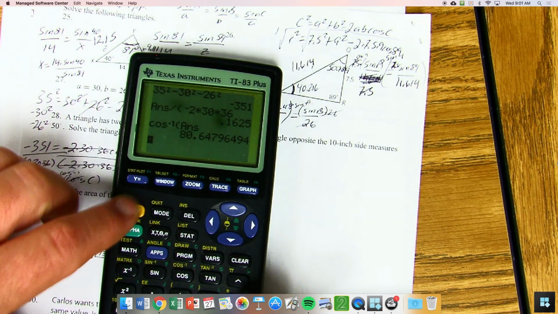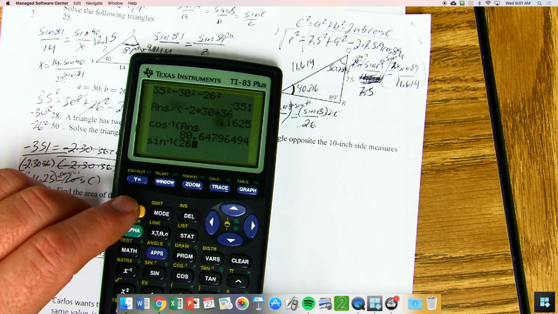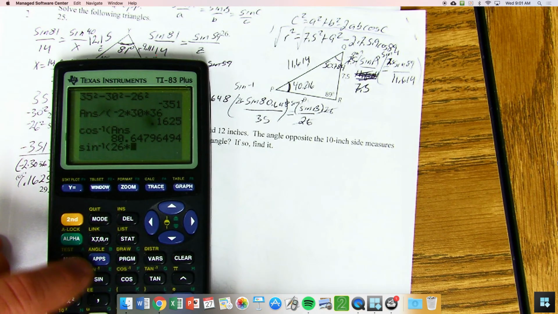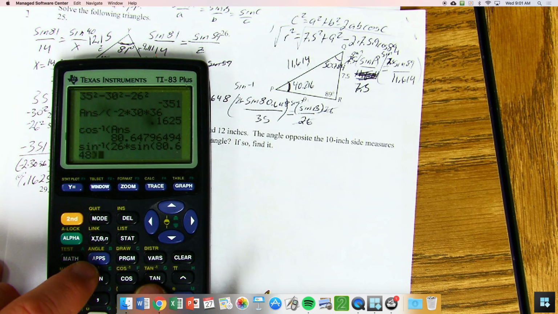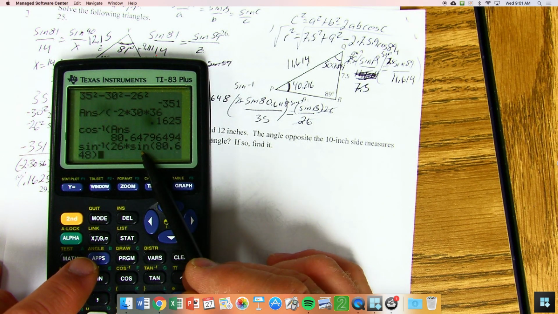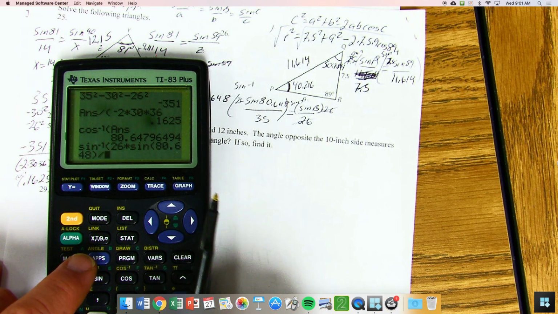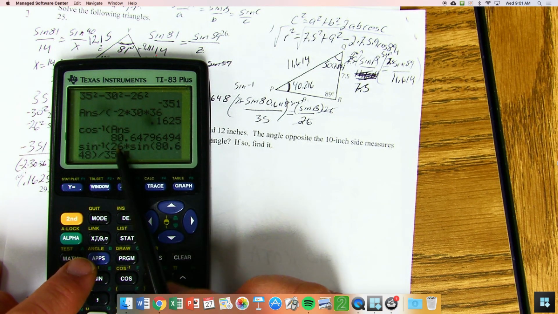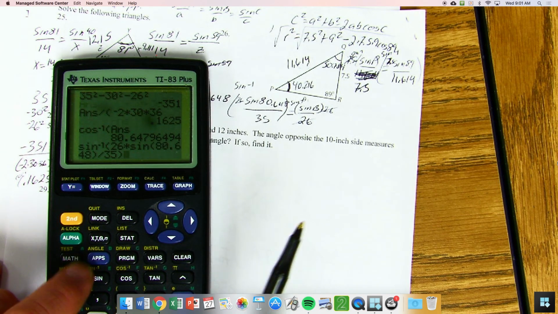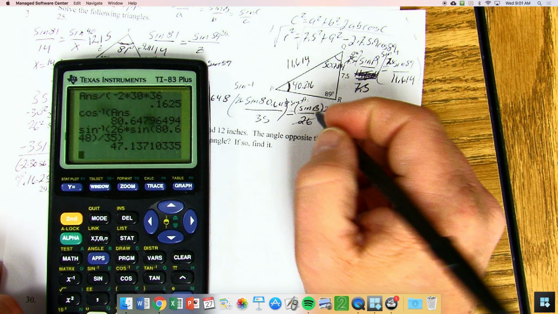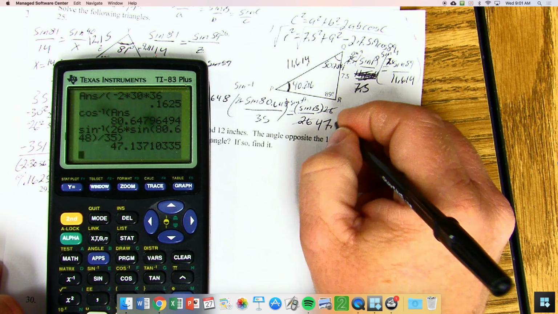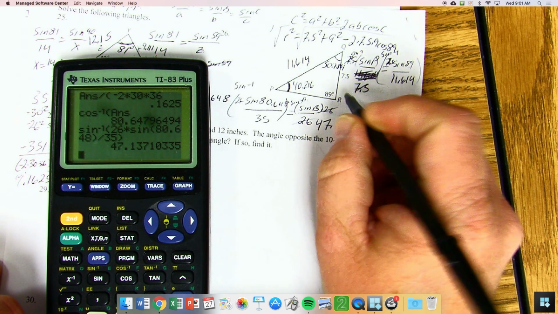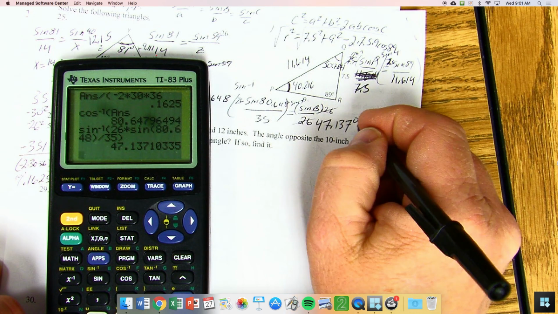So I just take second sine 26 times sine 80.648 and the parenthesis for this sine divided by 35. This parenthesis is for that inverse sine. Hit enter and you get 47.137. And that's going to be angle B.